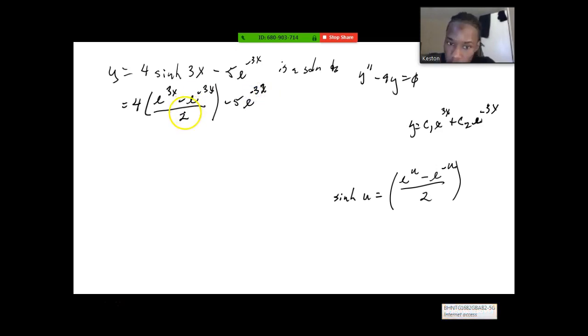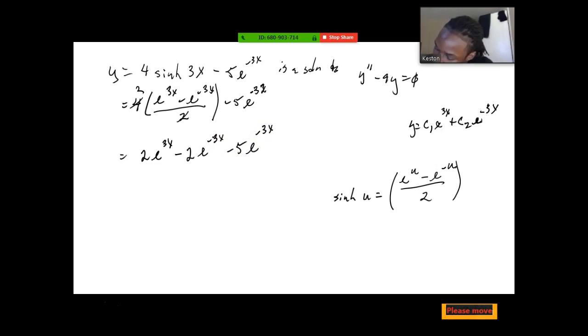Well, let's see what happens to this. 2 will go in the 4 twice, right? So that gives us 2e to the 3x minus 2e to the minus 3x minus 5e to the minus 3x. Well, what is that? 2e to the 3x minus 7e to the minus 3x.